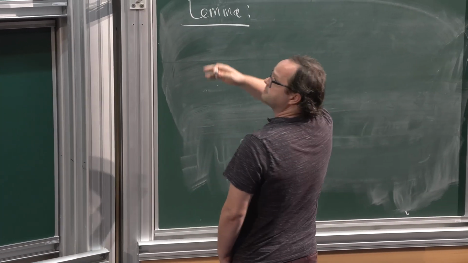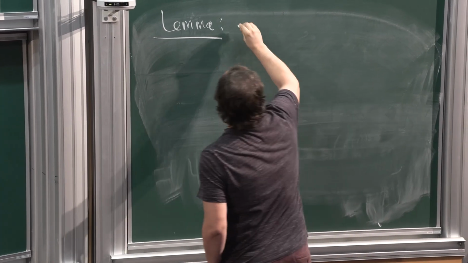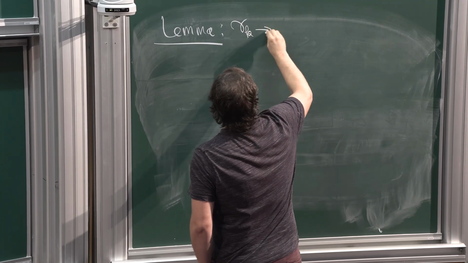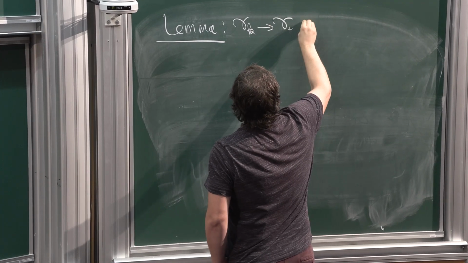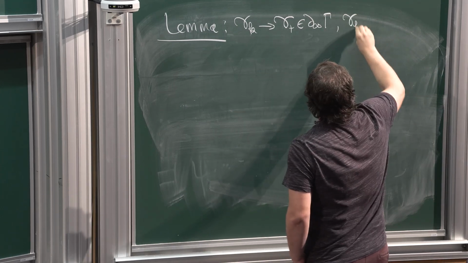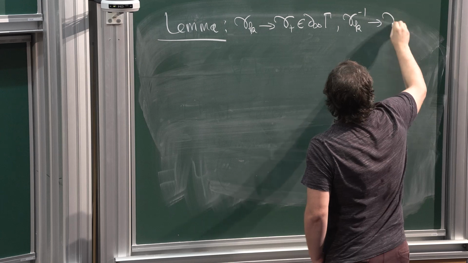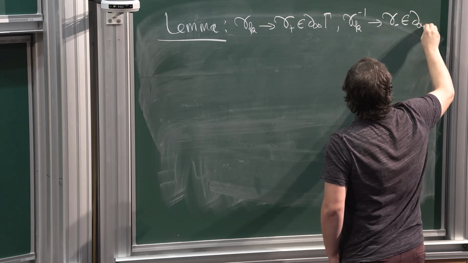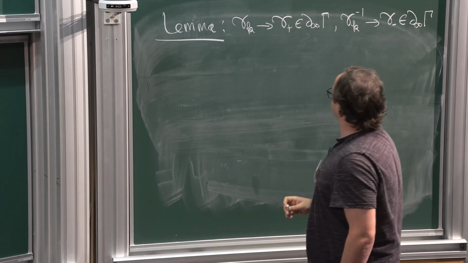So we start with the same kind of statement as always, where we have a sequence gamma k in our group. It converges to some gamma plus in the boundary. The inverses converge to some gamma minus in the boundary.